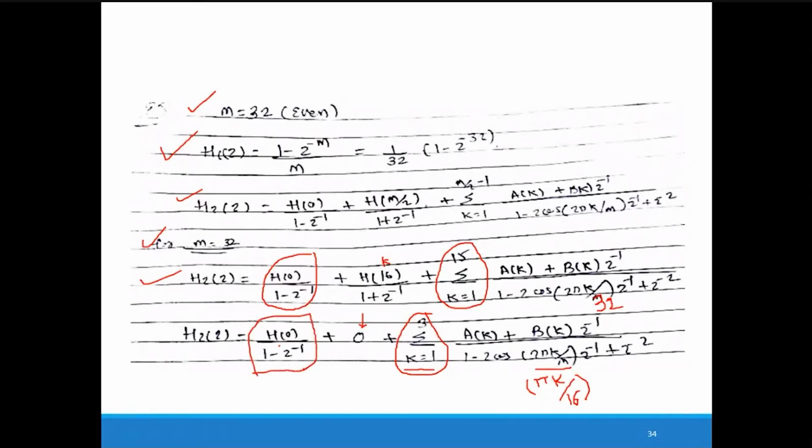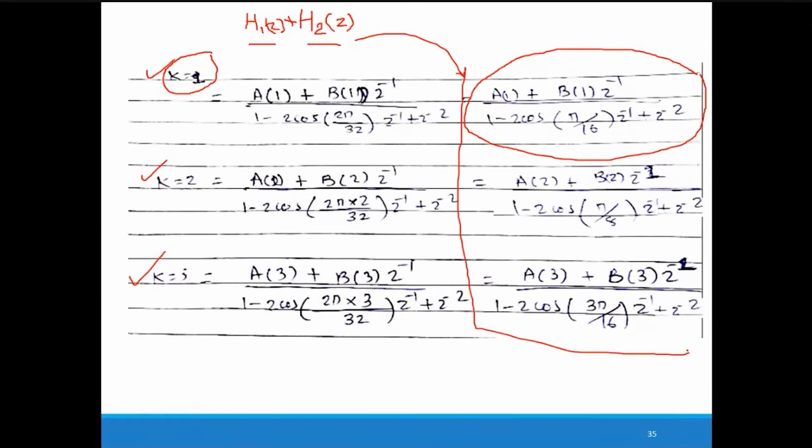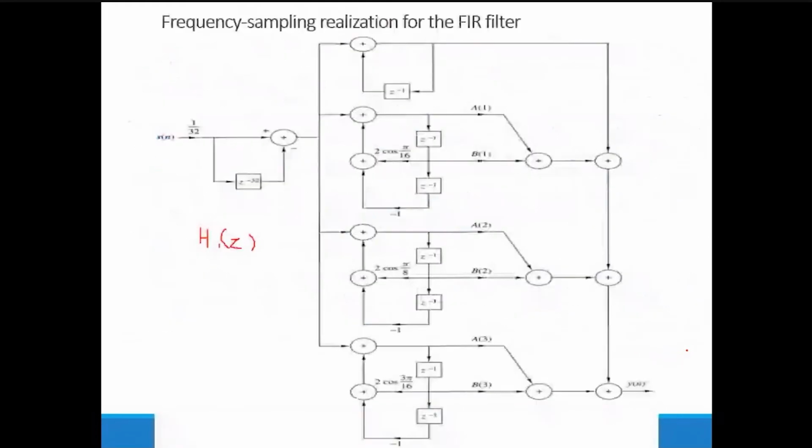Then the remaining three equations are (A1 + B1 z^-1) divided by (1 - 2 cos π/16 z^-1 + z^-2). This is for k equal to 1. Similarly, you are getting the equation for k equal to 2 and k equal to 3. So all these three equations we are implementing in parallel. So this is the structure. First is H1(z), then H2(z).